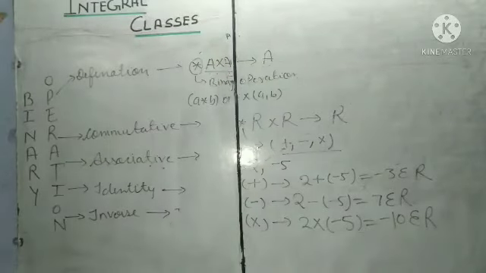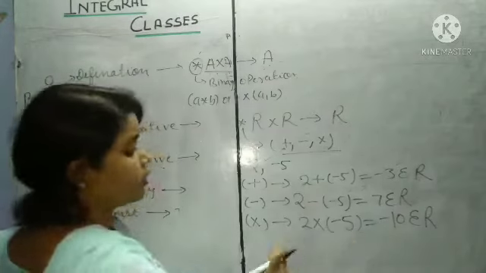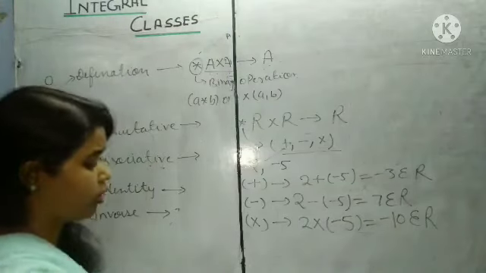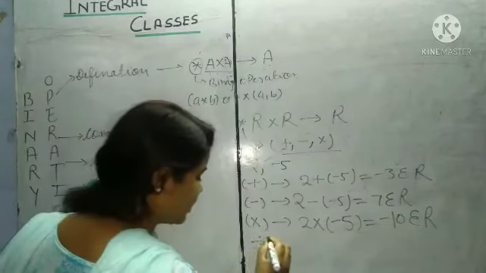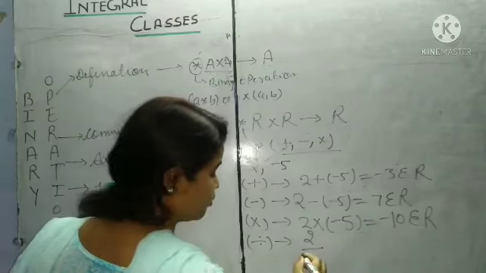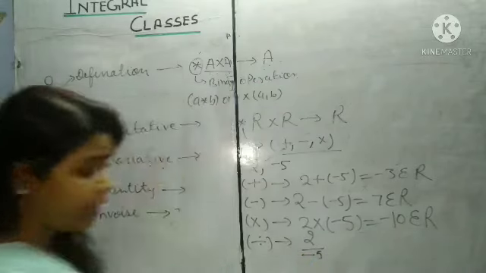So students, addition, subtraction and multiplication follow binary operation on real numbers, but division does not follow binary operation on R. Why? Let's see. If we take two numbers, 2 upon minus 5, it works.